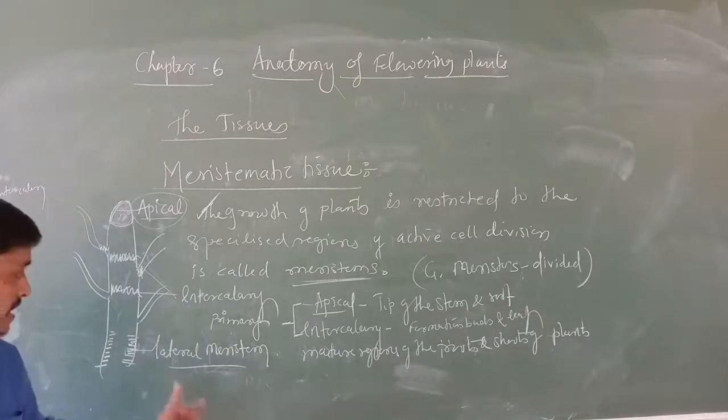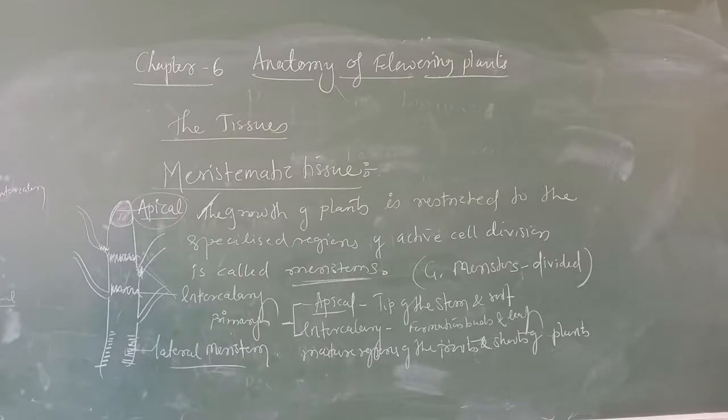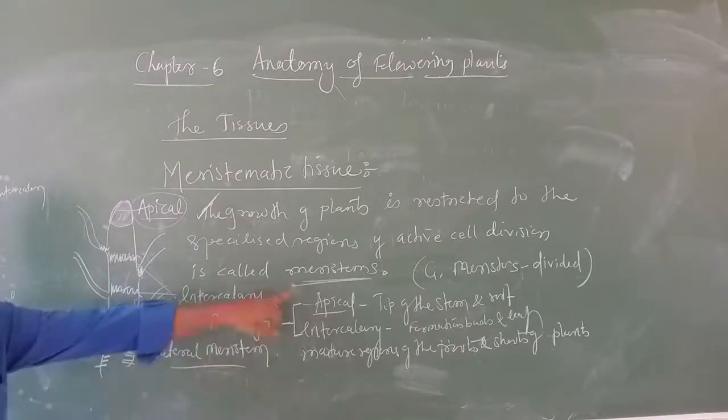And the lateral meristem is going to contribute to the formation of secondary growth. It is helpful for secondary growth. Okay, so this is about the meristematic tissue and the definition of meristem.